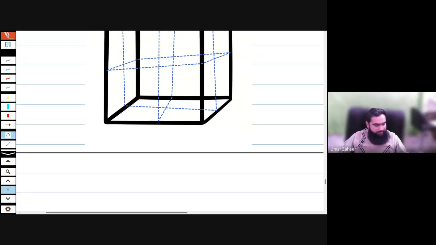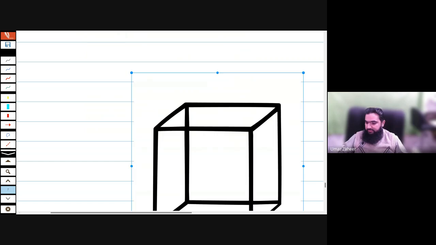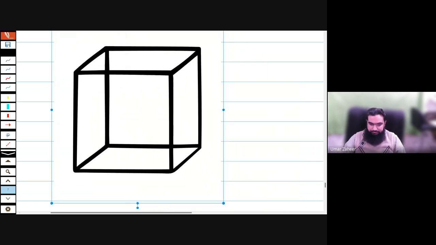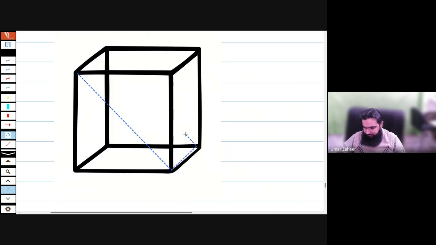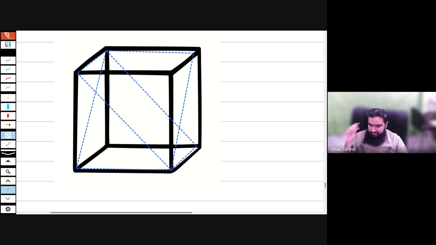I'm going to take this shape again, and let's talk about diagonals. In the diagonals, we get the plane this way. Look here, it is dividing into two equal parts as well. In the same way, from here, it is divided into equal parts as well. Let's change the color to make it distinguishable. Any other one? Yes, from here.